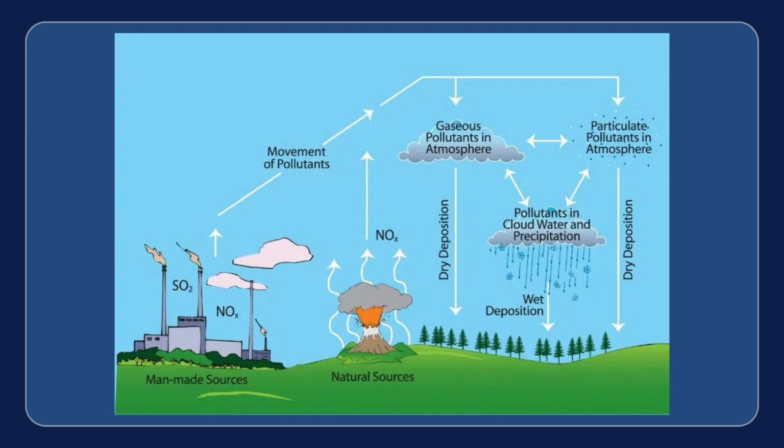So, kung makikita natin sa left corner, may mga man-made sources dito, like factories, power plants. So, hindi exception yung natural sources natin dito, like volcanoes, ganun, tsaka mga trees.